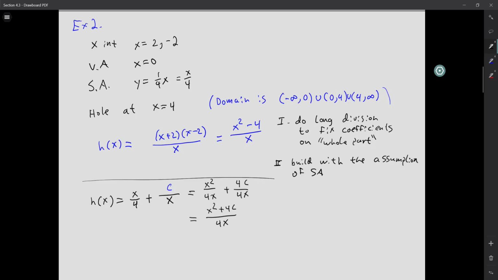Now, either at the very beginning or at this step here, I need to fix my coefficient so that my x-intercepts are true. Based on all the information I have on here, I can actually just compare it with my previous work. But I'm going to get the answer of c equal to -1.